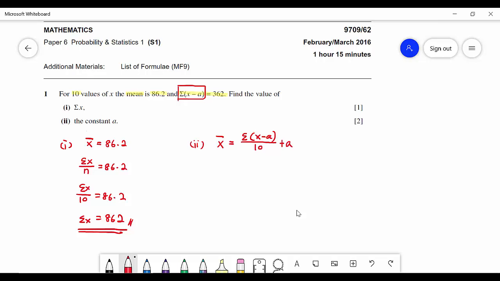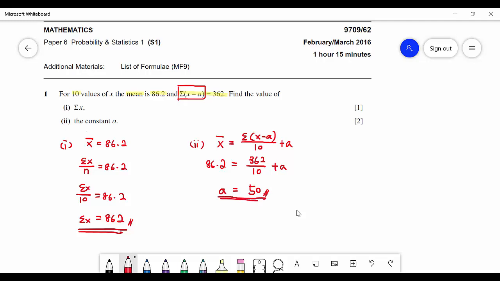And since you already know that the mean value is 86.2, given in the question, 86.2 equals summation of x minus a, which is 362, divided by 10, plus a. And from there, you will get a equals 50. The value of a is equal to 50.